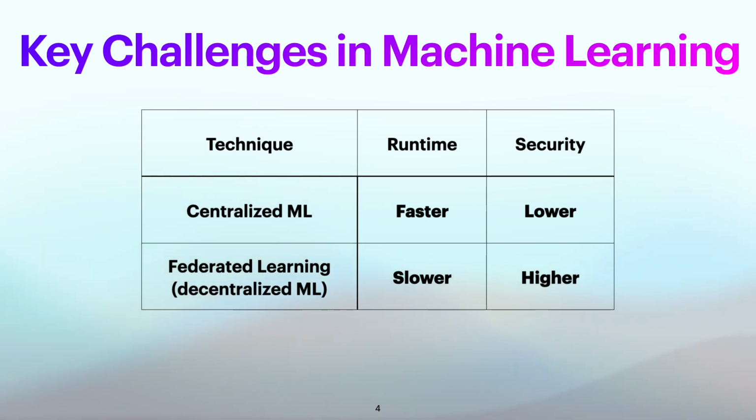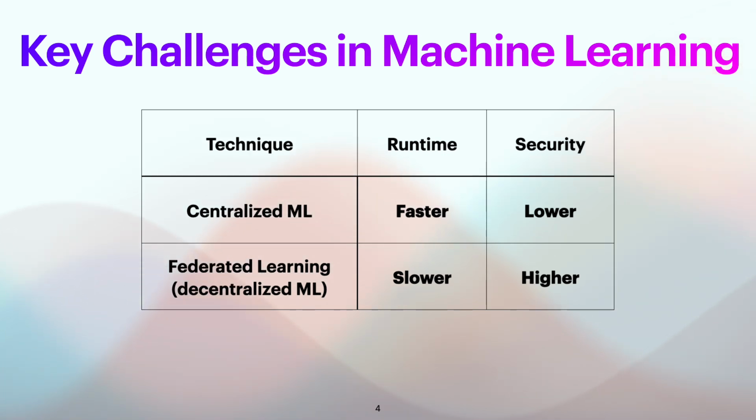We focus on two important parameters: one is the runtime or performance, and another is security. In the centralized case, the security is not that high, because each of these parties needs to trust and give their entire data sets for secure aggregation. As the central server takes all the data, execution automatically gets faster. So the runtime is faster and security is low.